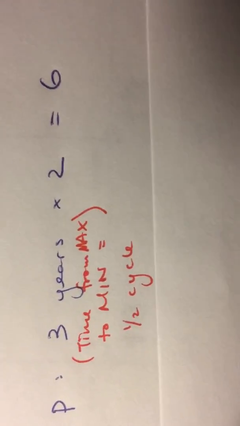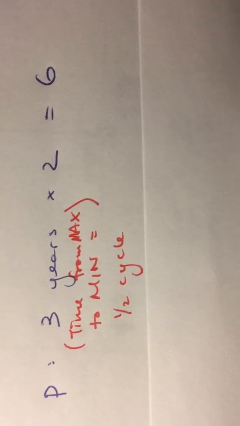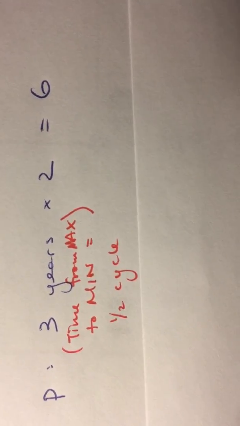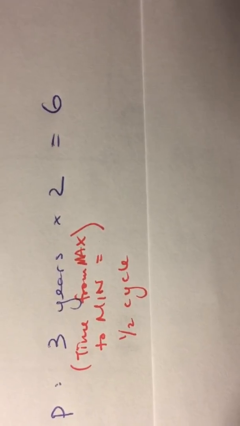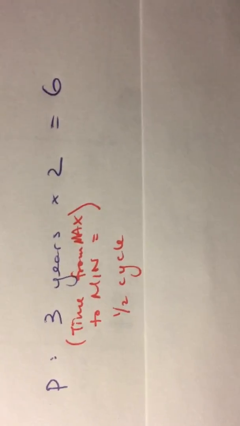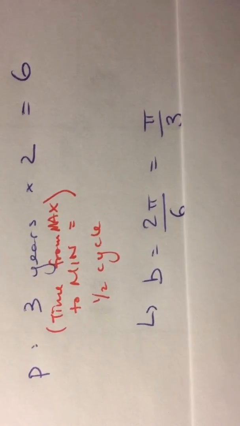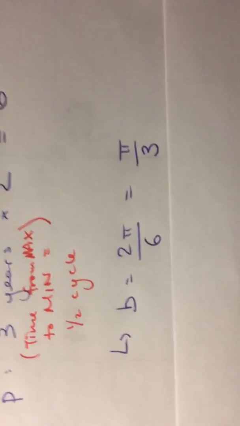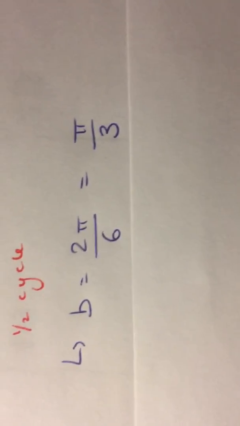So the time from the max to a minimum, or the minimum to a maximum, represents half a cycle, and on the graph that's 3 blocks worth from left to right. 3 years times 2, the period is 6. And that means that our value for B for the rule is 2 pi divided by 6, or pi over 3.